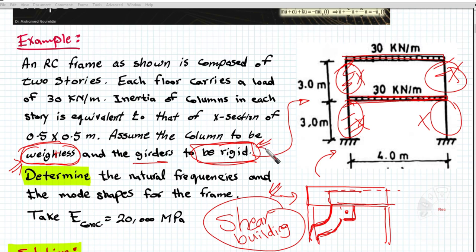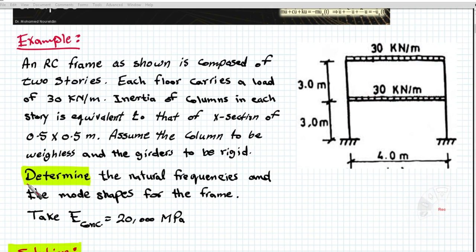So, okay, we understood now the meaning of weightless and the meaning of the girders to be rigid. Okay, now let's see what the example needs. Determine the natural frequencies and the mode shapes for the frame. So we have two things here that the example requires.